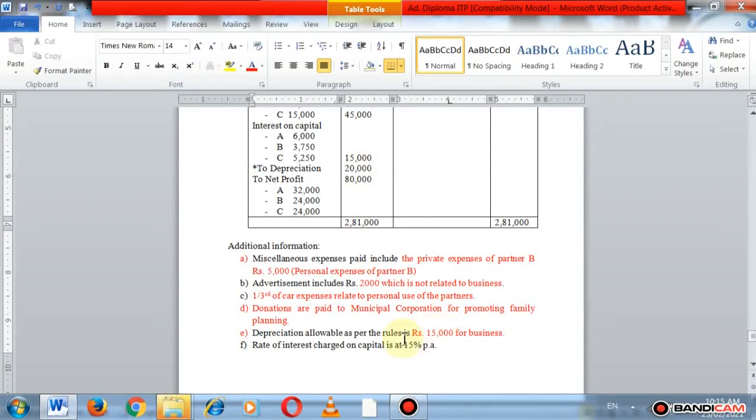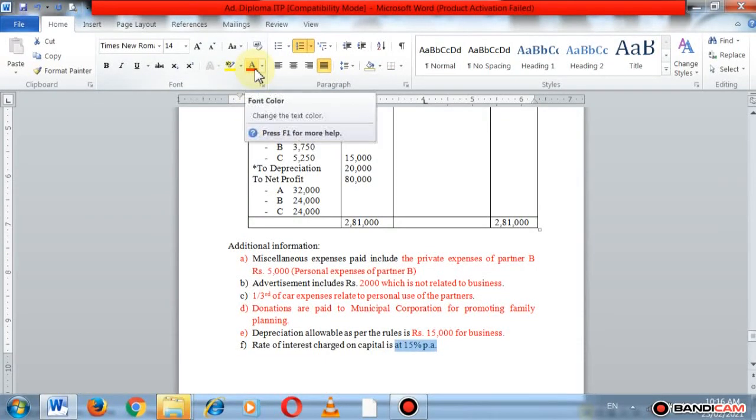Then, the rate of interest charged on capital is 15%. Up to 12% is exempted, more than 12% is taxable. Remember this.